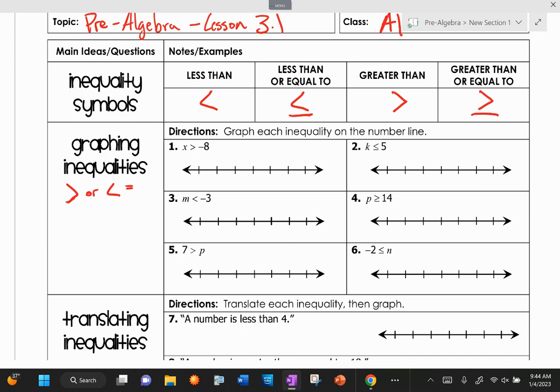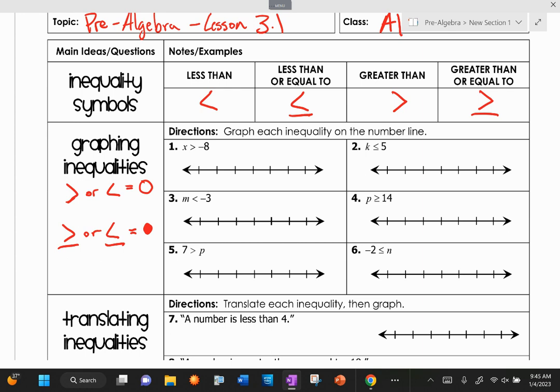If we have a less than or a greater than symbol, you're going to put an open circle, or an open point, at your value. If we have the less than or equal to or the greater than or equal to, you're going to use a closed point. The closed point symbolizes the or equal to, that you can include that value as well.